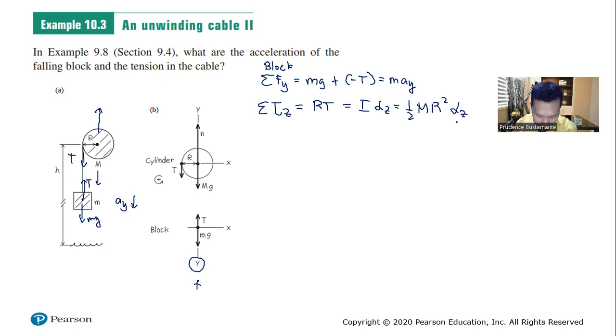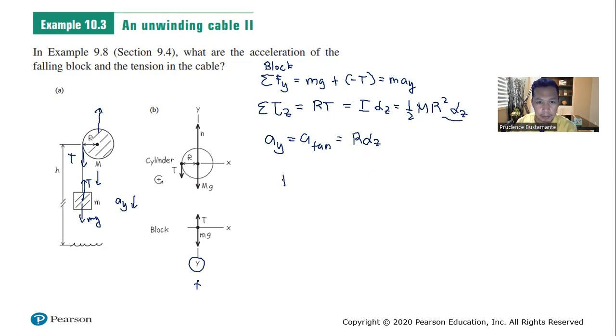As in example 10.12, the acceleration of the cable is the same as the tangential acceleration of a point on the cylinder ring. From equation 9.14, the acceleration a_y is just equal to a tangential, which is equal to R alpha z. We use this to replace it in the cylinder equation above and divide by R to get the result for T. So let's divide both sides.